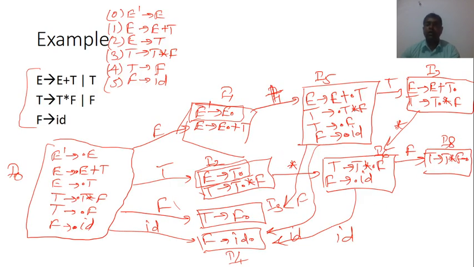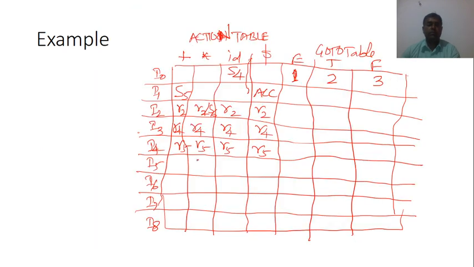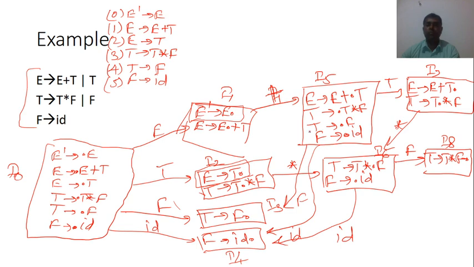Now go to I5. When I read here T, what am I getting? I7. That means I5 row T column 7. When I read here F, what am I getting? I3.